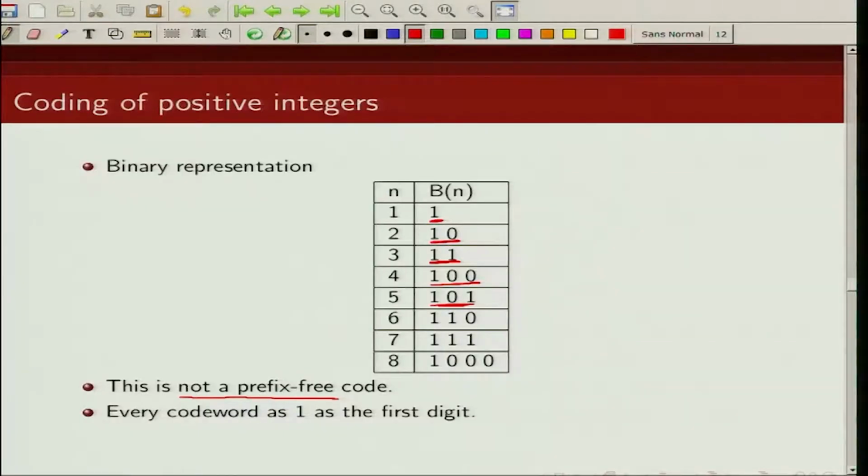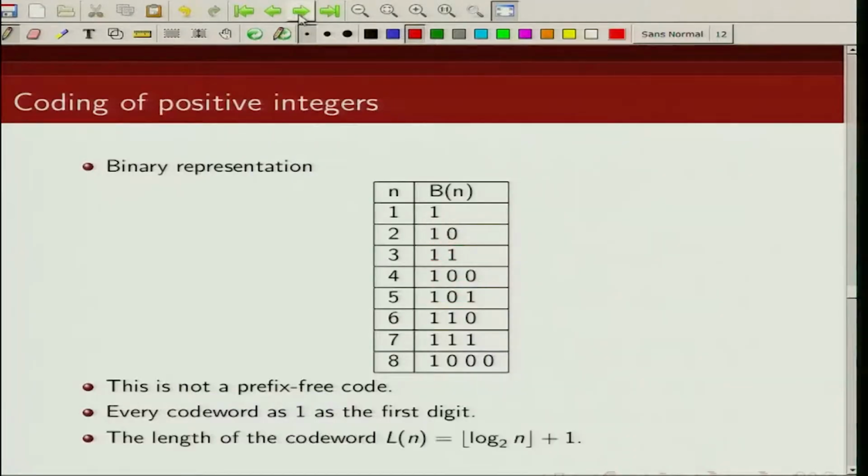Now what is the good part about this binary representation? The number of bits required to represent the number is small. The code word length can be given as floor of log n to the base 2, plus 1.